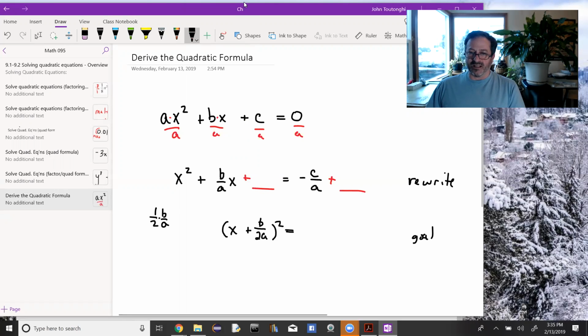That goes in downstairs, and then to figure out what goes back in upstairs, I take this b over 2a and multiply it by itself. So b over 2a times b over 2a, that's b squared over 4a squared. So I add that to both sides of this equation.